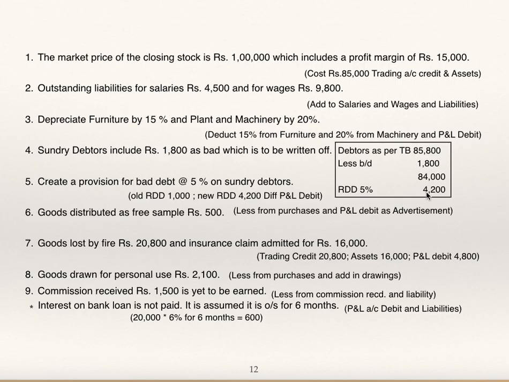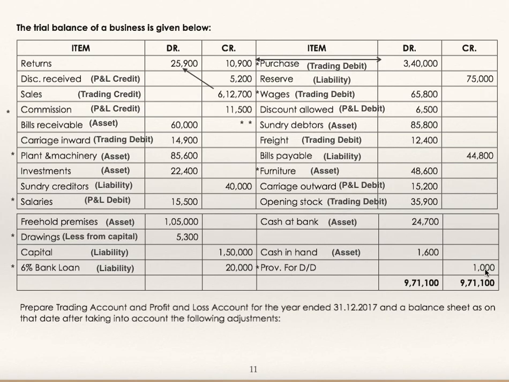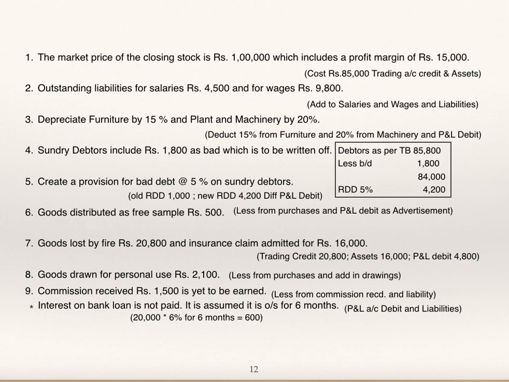Now for RDD, new RDD is 4,200 and old RDD is 1,000. New RDD is more, so the difference is to be debited to profit and loss account. 4,200 minus 1,000, 3,200, profit and loss account debit to provision for bad debts 3,200.